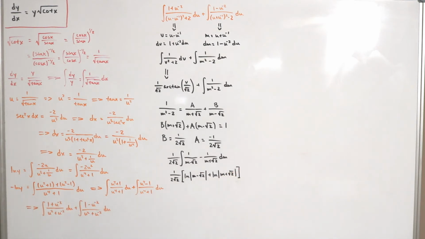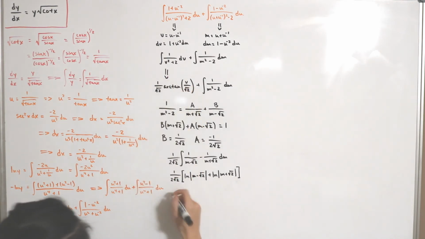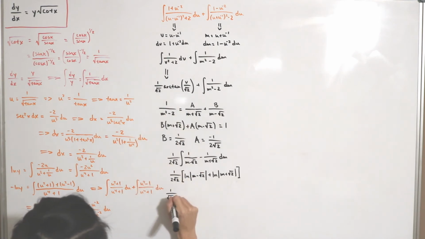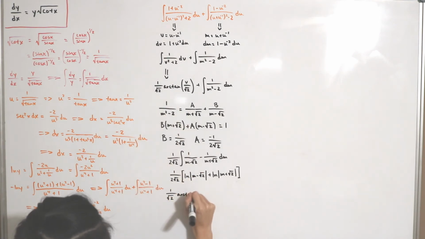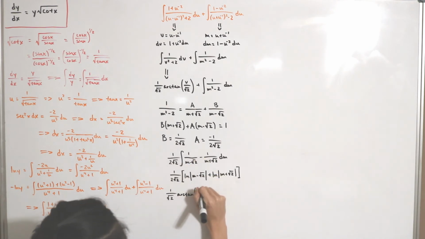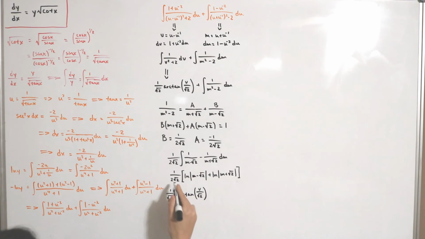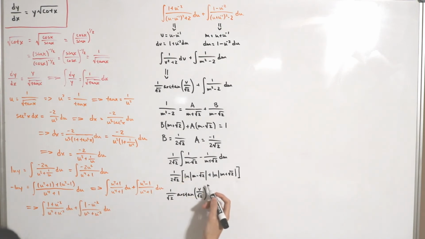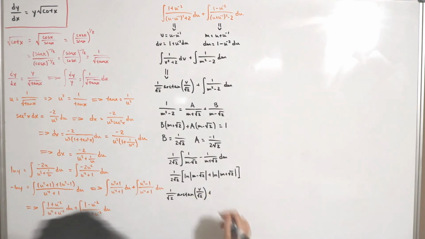Okay, then you'll see that we can actually use our rules of natural logs. So let me actually rewrite back our arctangent. So arctangent, then input v divided by square root of 2. Okay, and then like I said, you'll see that we can actually use our rules of natural logs to rewrite some things.